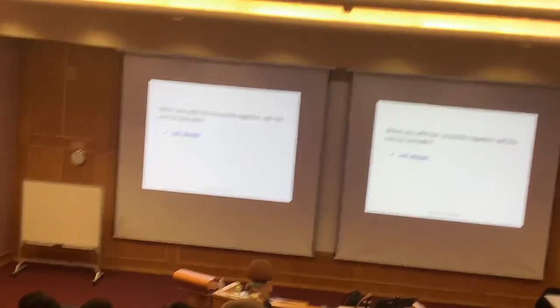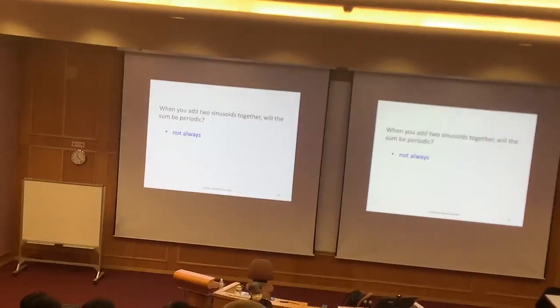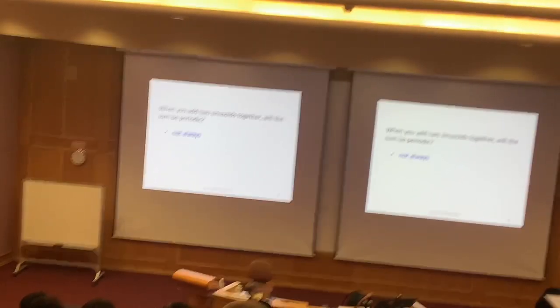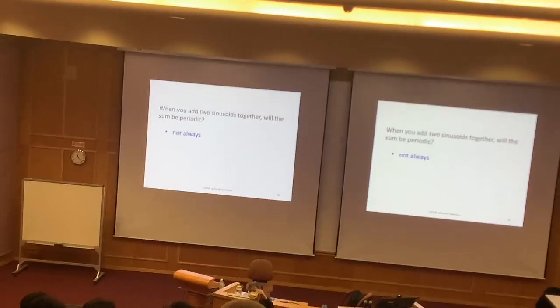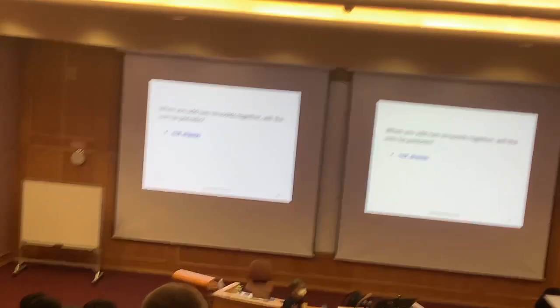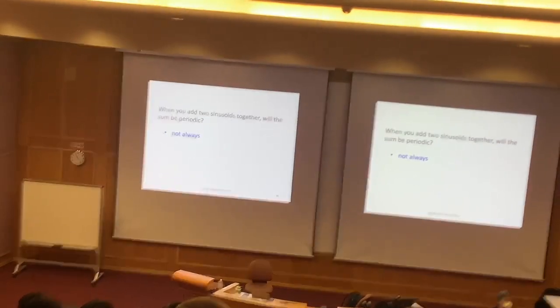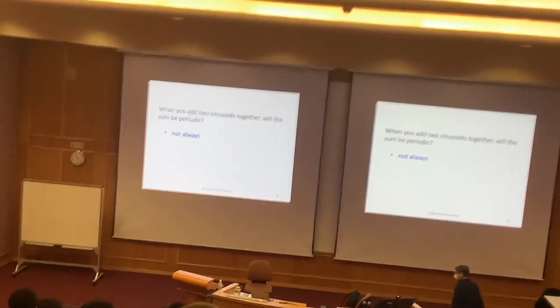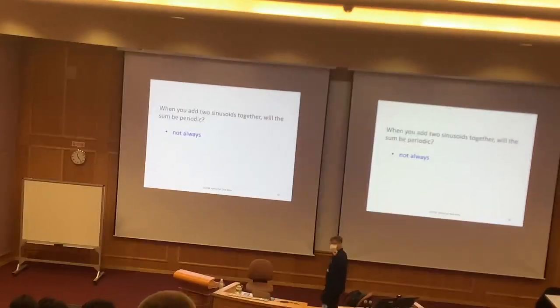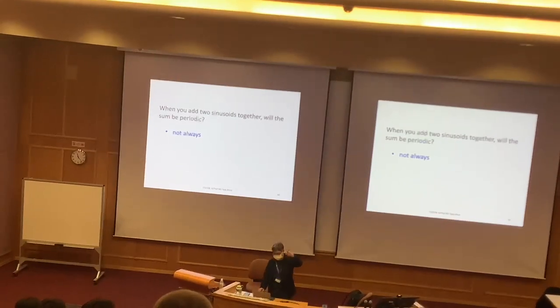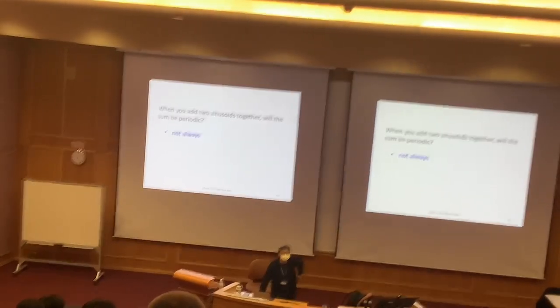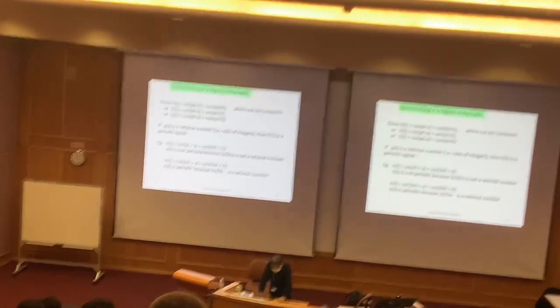Not always is when you start to use mathematics to represent things, and you find that mathematics doesn't quite agree with your intuition. The culprit is something called an irrational number. It's pi. Pi is an irrational number. The culprit is pi, because pi cannot be written as the division of two integers, and that is a problem.